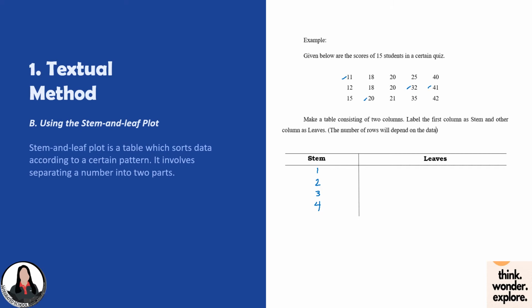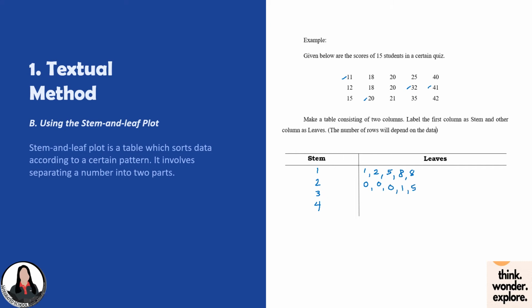Okay? So, katapat nila, ang gagamitin nating leaves is the second digit of each score. Okay? So, for the stem 1, we have 11, 12, 15, 18, and 18. For the second one, we have 20, 20, 20, 1, and 5.